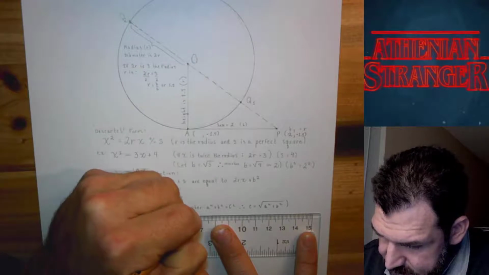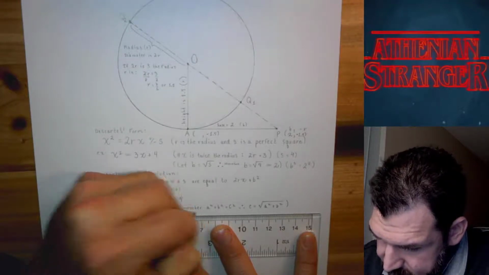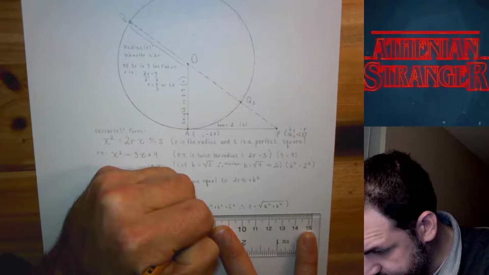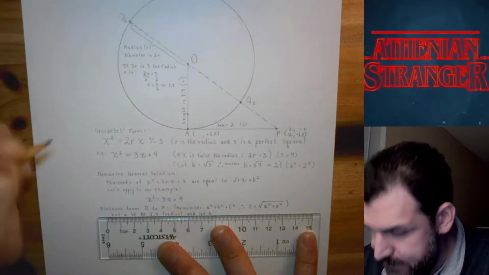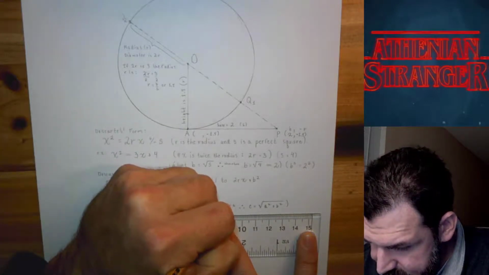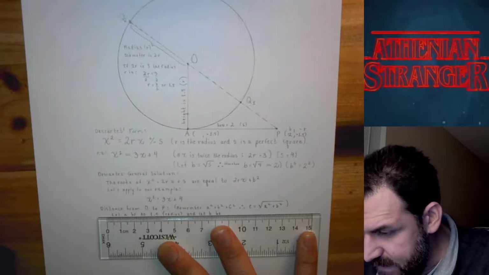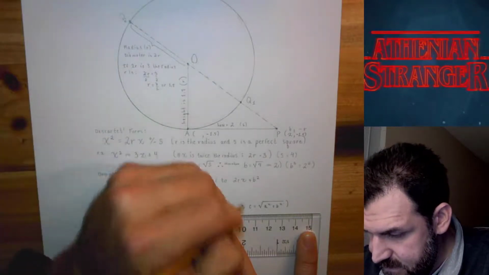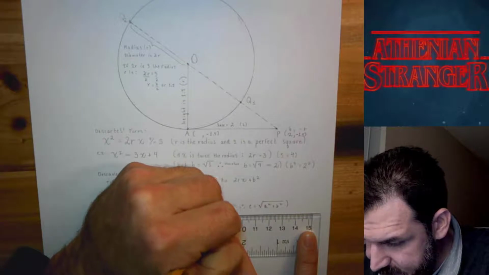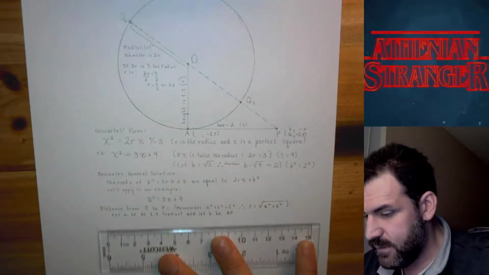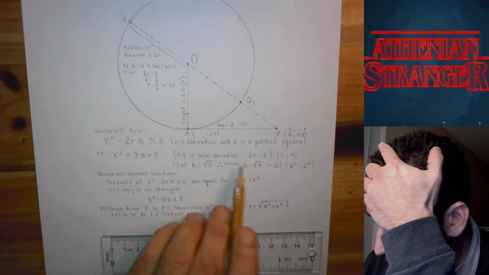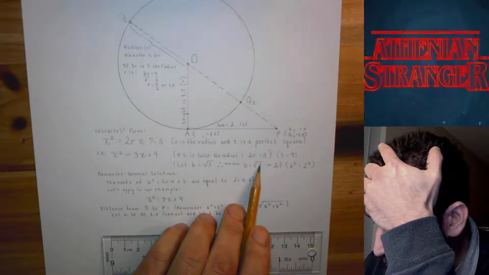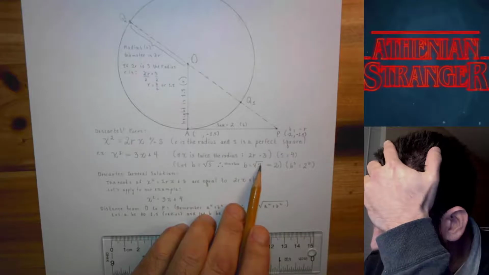And let B be the distance from A to P, which was the amazing thing. This distance from A to P is the square root of 2.